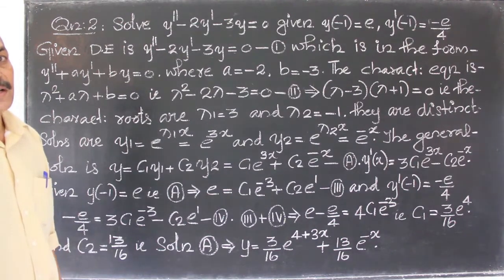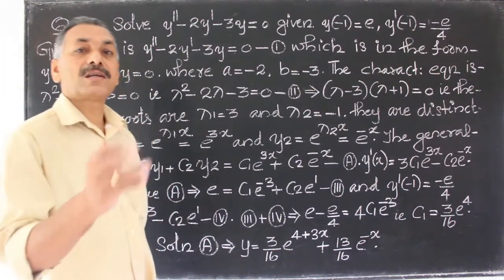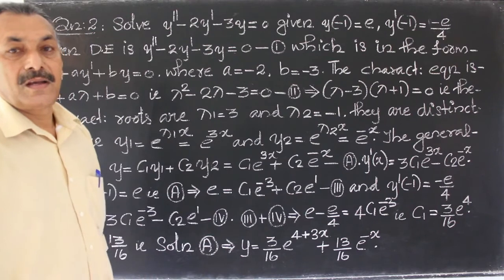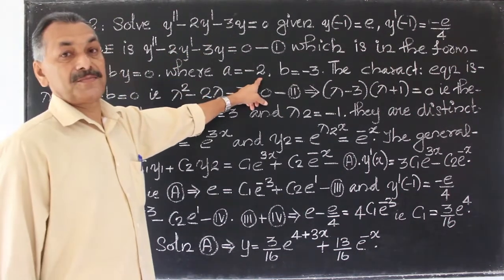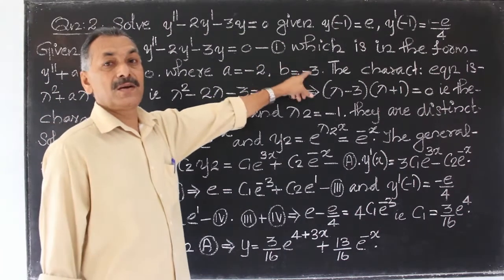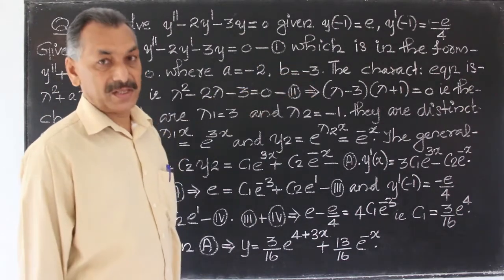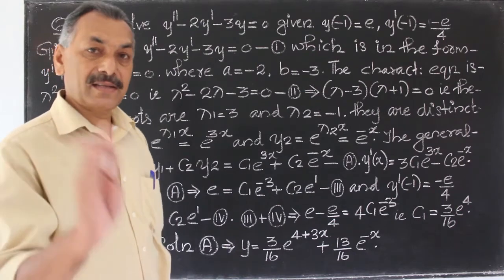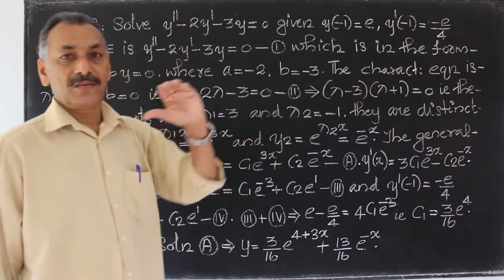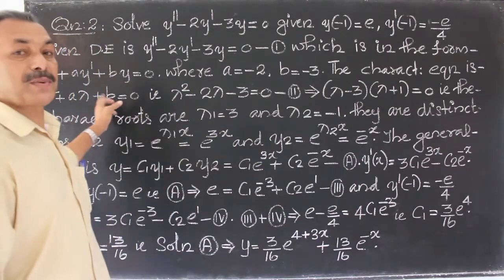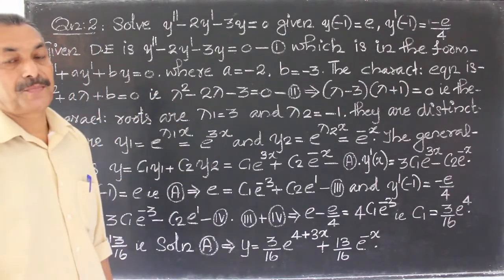That is second order homogeneous linear with constant coefficients, where a = -2, the coefficient of y'. What about b? b = the coefficient of y = -3. And what is the characteristic equation? The characteristic equation is lambda^2 + a lambda + b = 0.